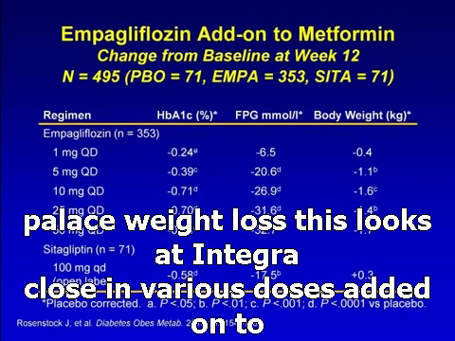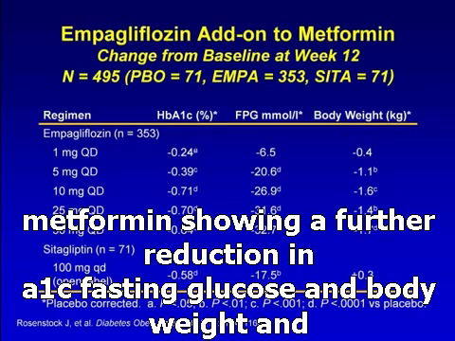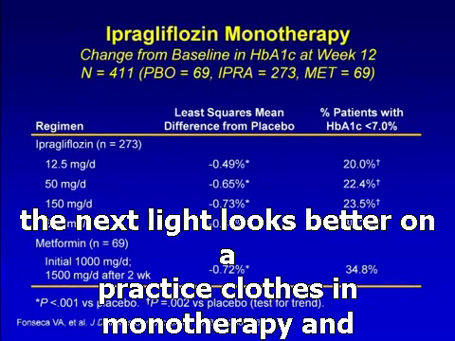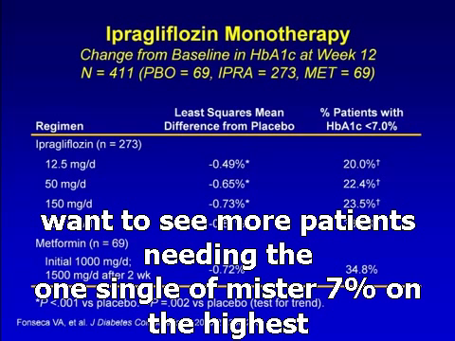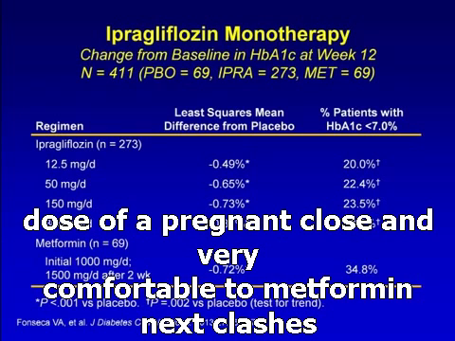This looks at empagliflozin, various doses added on to metformin, showing a further reduction in A1C, fasting glucose, and body weight. And the next slide looks at data on empagliflozin monotherapy and shows a reduction in A1C and more patients meeting the A1C goal of less than 7% on the highest dose of empagliflozin, very comparable to metformin.